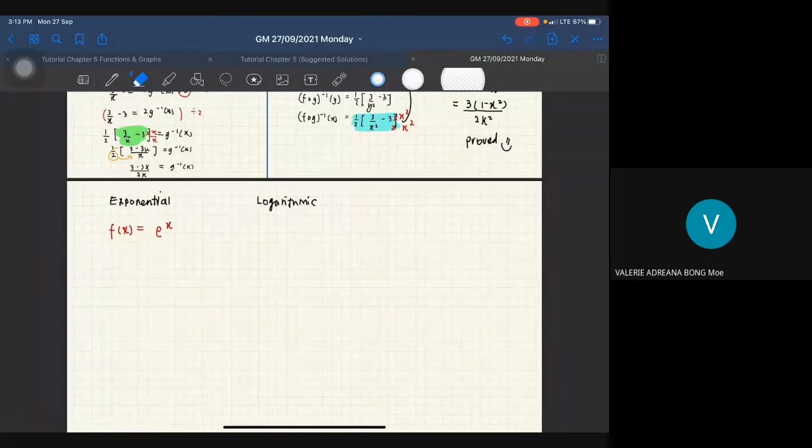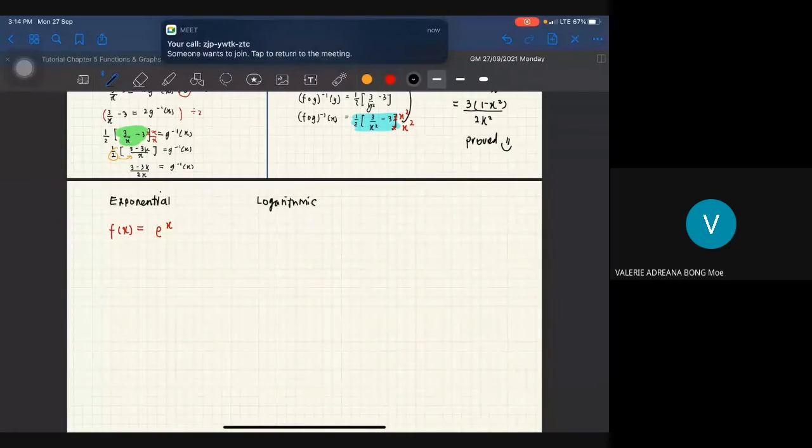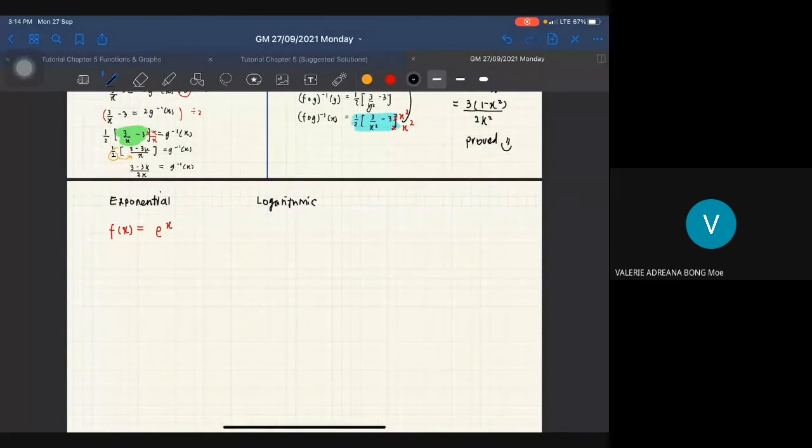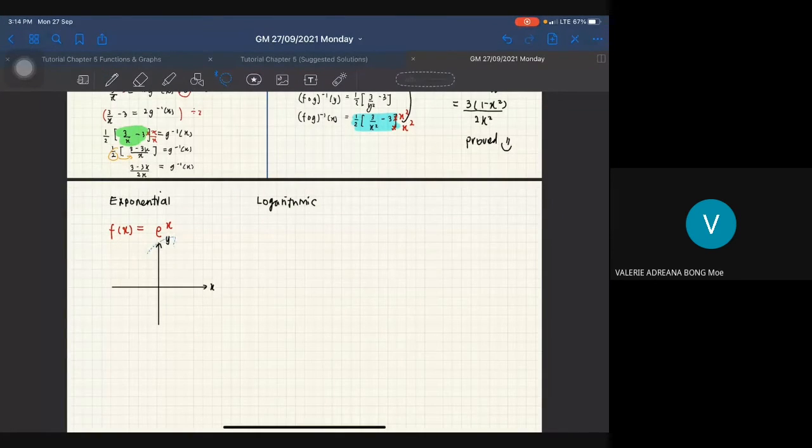Okay, so this is the basic function lah untuk exponential function kita. Okay, so dia ada 4 basic shape. Okay, so 4 basic shape ni saya terus lukis. So, Y, this one is X. Bawa ke bawah sikit.